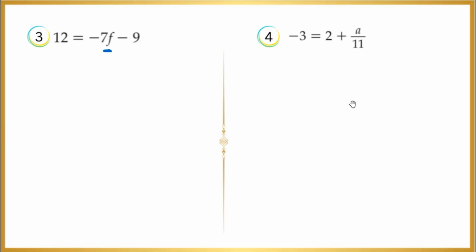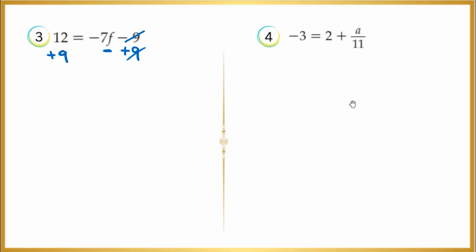We start first by canceling the farthest one. The farthest one is minus 9. How can we cancel minus 9? Plus 9, because the inverse of minus 9 is plus 9. Look here, cancel 9 with 9.